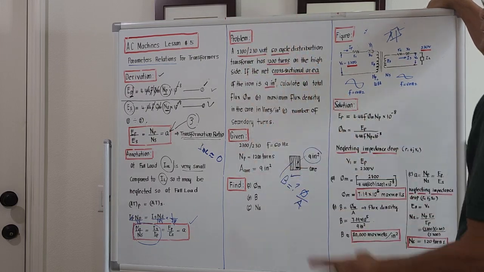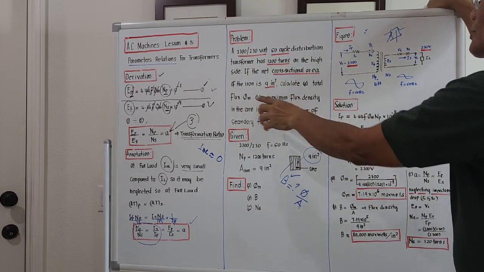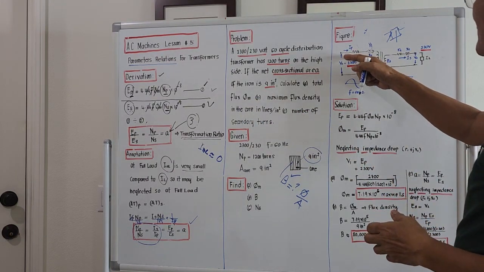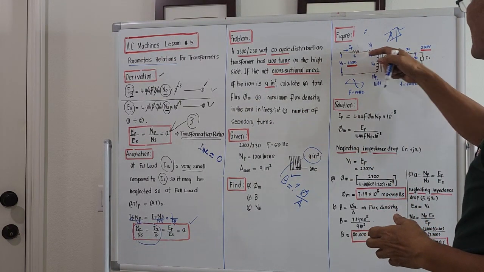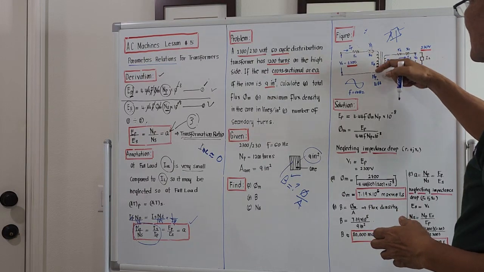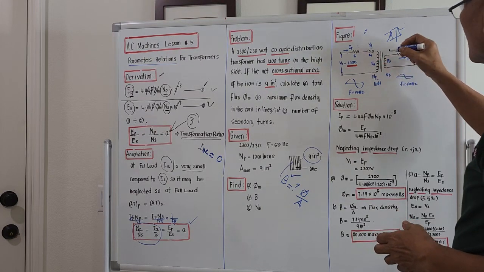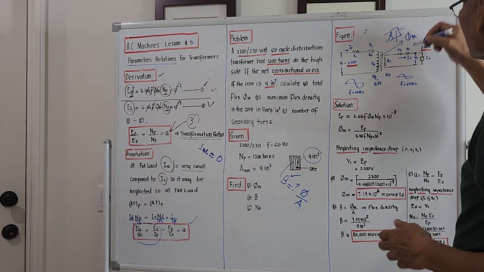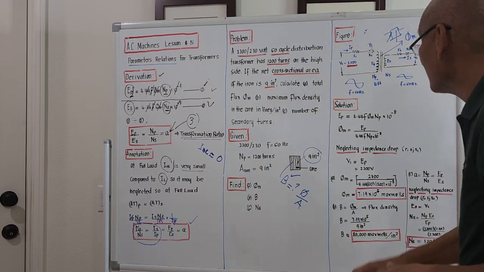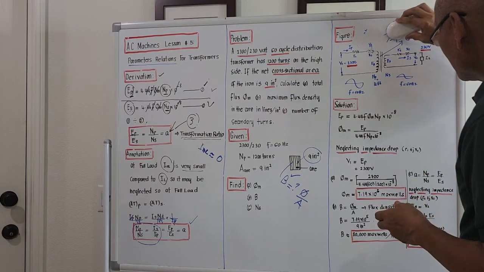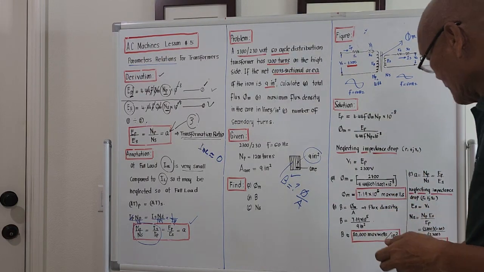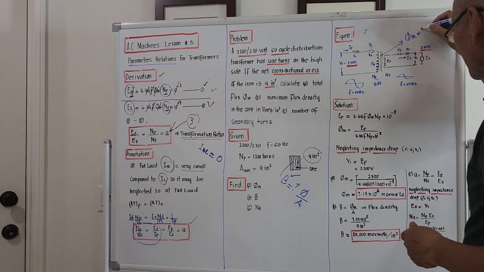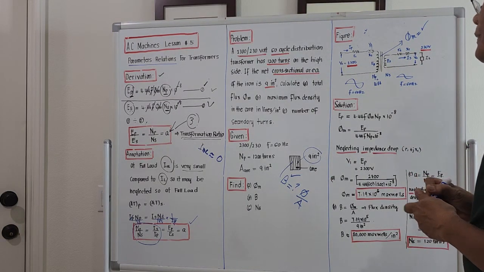The problem is asking for the total flux. Of course, if we apply a voltage here, there should be current coming in, and that current will produce a flux, phi sub m. So the problem is asking for the flux. What's next?